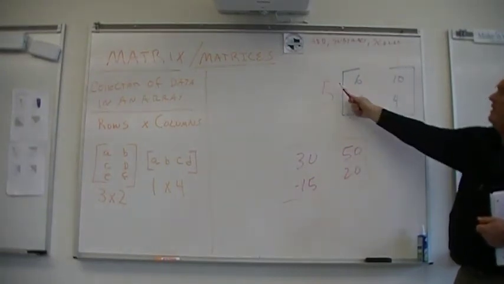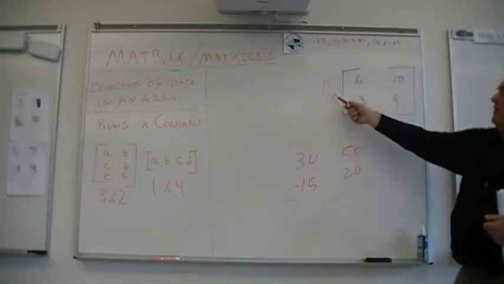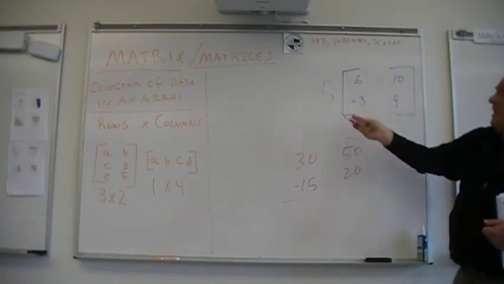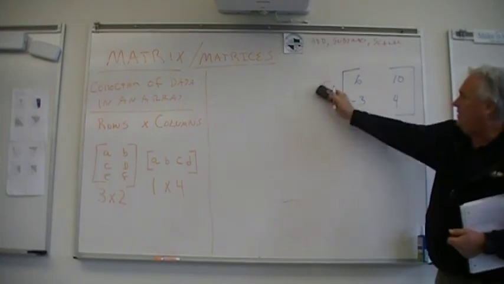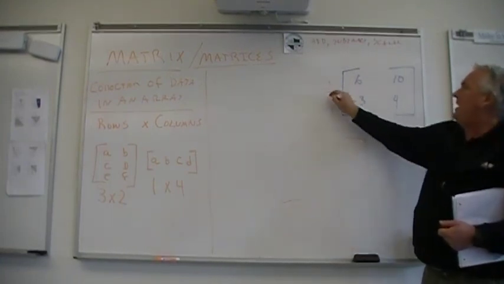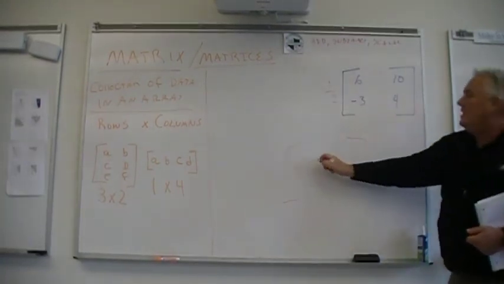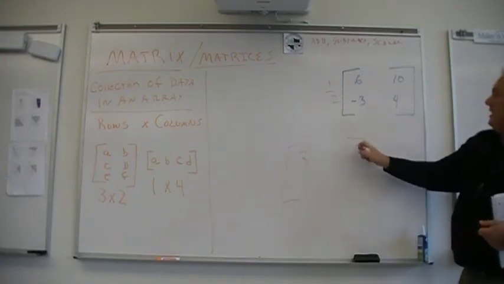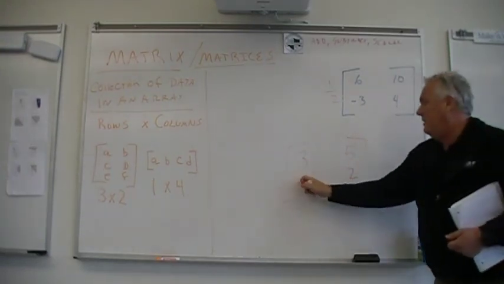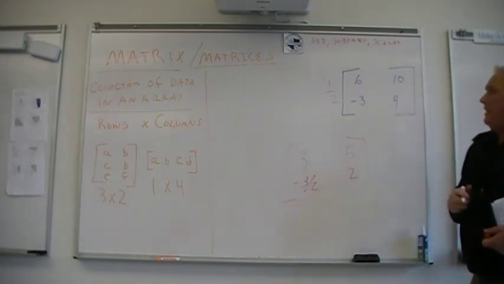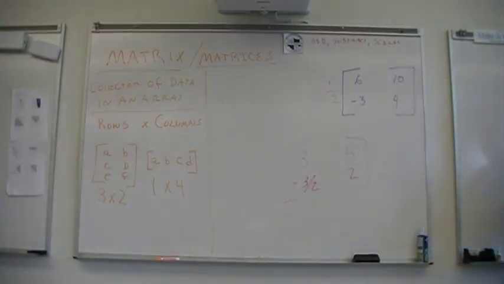So that's our scalar. When we multiply by a whole number, or it could be a fraction, this could have been a half. I'll do one with a fraction because you might see one like that. If this was a half times this, half of 6 is 3, half of that, and then -3 halves for that one.